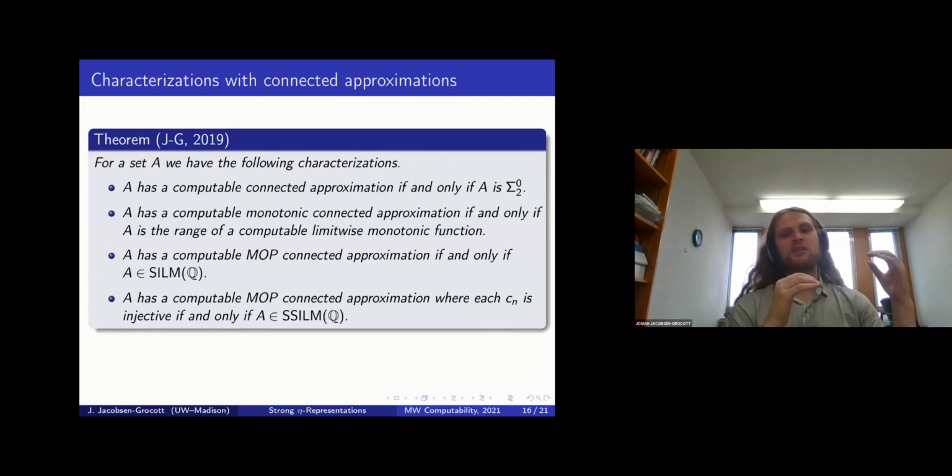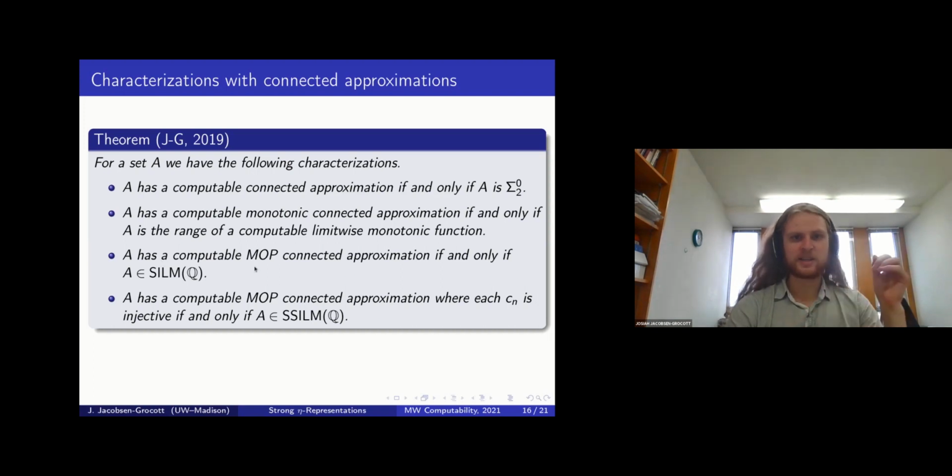So using connected approximations, they would come up with the following characterizations. For a set A, A has a computable connected approximation if and only if A is sigma 0, 2. So if we don't put any conditions on it, it doesn't do much more than Limitwise monotonic stuff. All right, so A has a computable monotonic connected approximation if and only if A is the range of a computable Limitwise monotonic function.